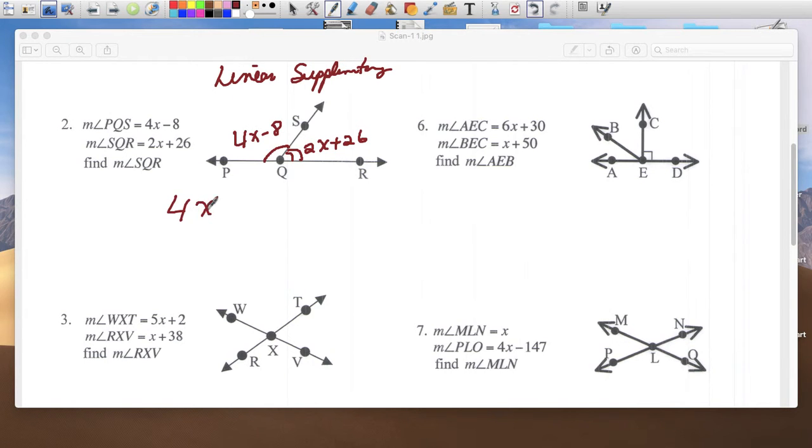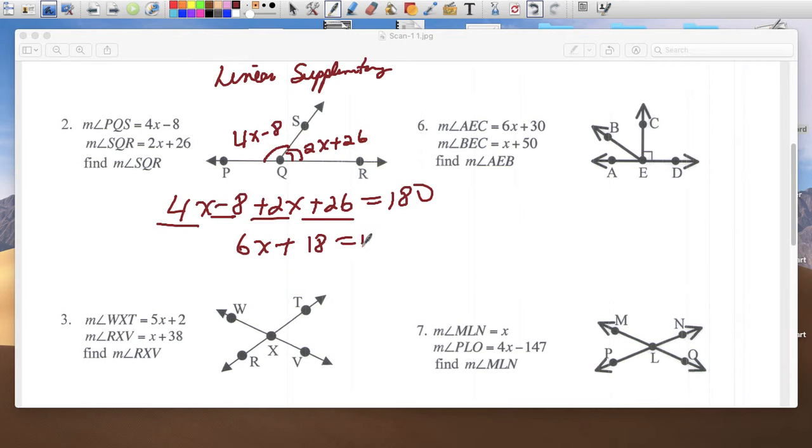So 4x minus 8 plus 2x plus 26 equals 180. Combine like terms: 4x and 2x is 6x. Negative 8, be careful, plus 26 is positive 18. So 6x plus 18 equals 180.